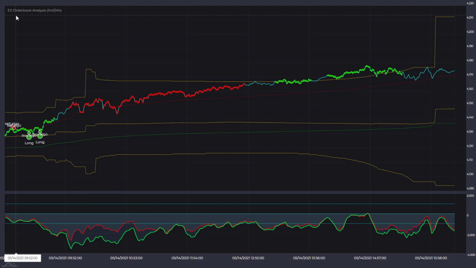So what I tried to achieve was to put together these patterns that I see, and also the quantity of orders, and calculate it in a way that gives me some kind of sentiment based solely on the order book.